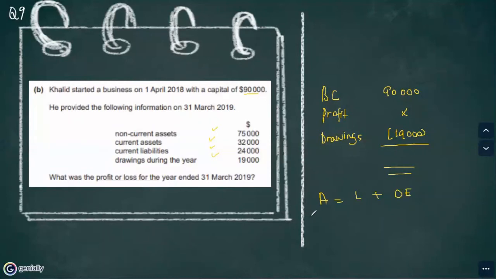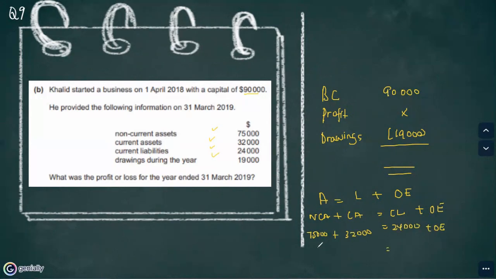Now our assets here are non-current assets and current assets, here current liability, and we don't know our owner's equity. So non-current asset was 75,000 plus current asset of 32,000, current liability 24,000, and we don't know our owner's equity.